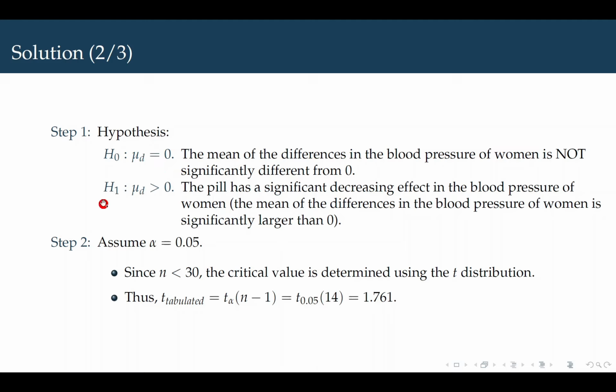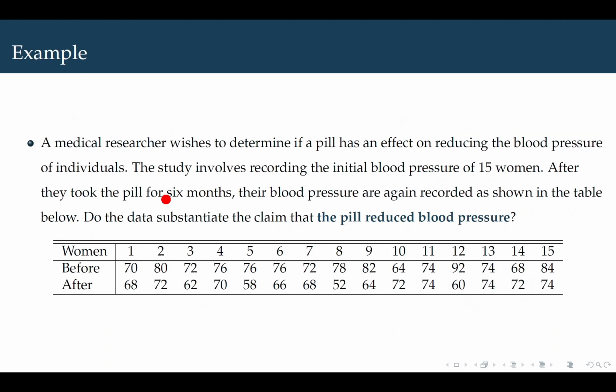And the alternative, we have to state as mu d greater than 0. The question of interest here says whether the pill reduced blood pressure. Therefore, if the pill reduced blood pressure, then the difference before minus after is going to be positive. 70 minus 68, it is positive. 80 minus 72, it is positive.